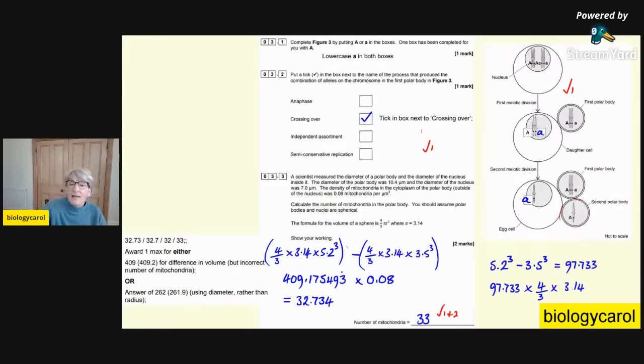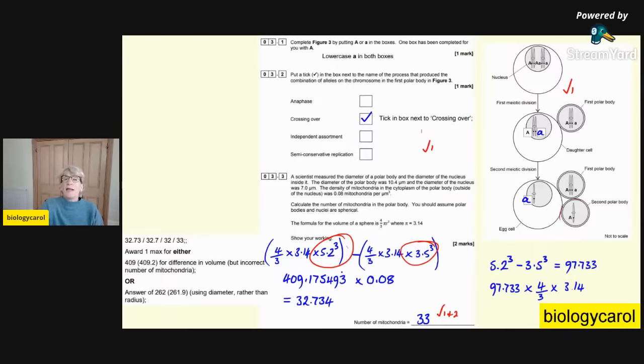Now, here is the faster way to do it. Because, of course, the only thing in these 2 sets of calculations that changes is the radius. And therefore, if you work out the radius cubed and take one away from the other, and then times that by the rest of the calculation, you end up with exactly the same number, and it's potentially quicker.